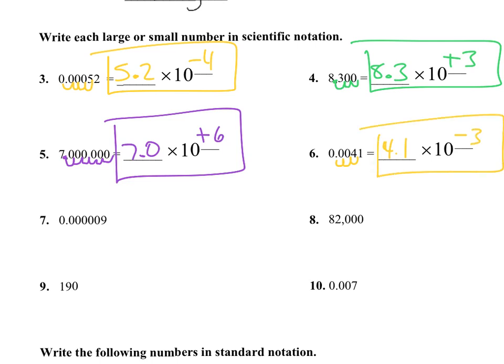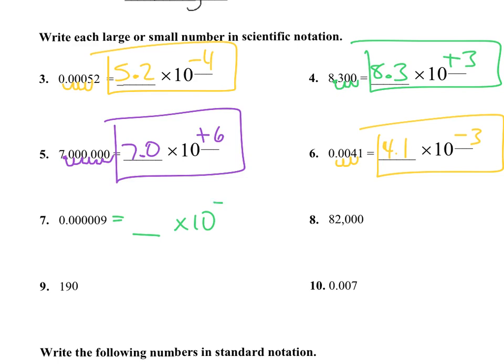All right, let's take a look at number 7. On number 7, we have 9, let's see, tenths, hundreds, thousands, 10 thousandths, 100 thousandths, millionths. We have 9 millionths. That's really small. So it's going to be some number times 10 to the what power? Since it's really small, it's going to be a negative exponent. So let's count.